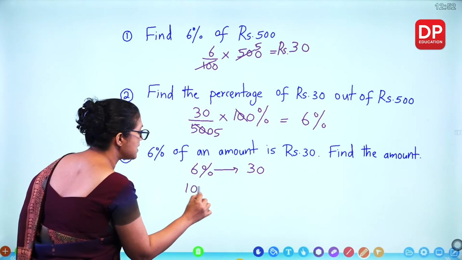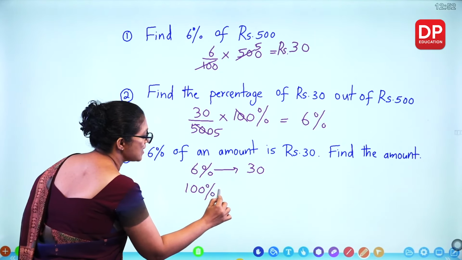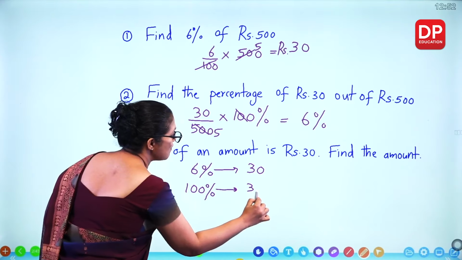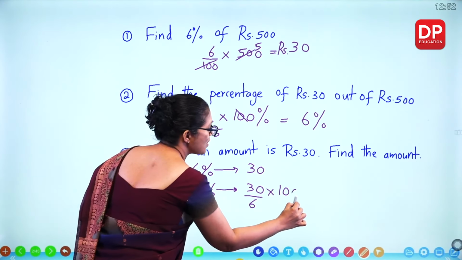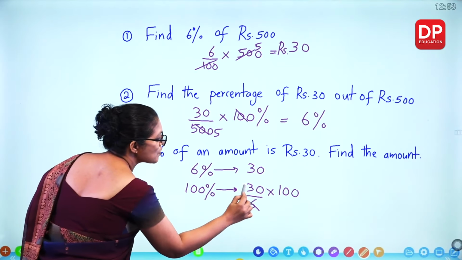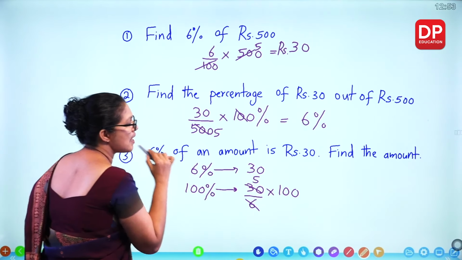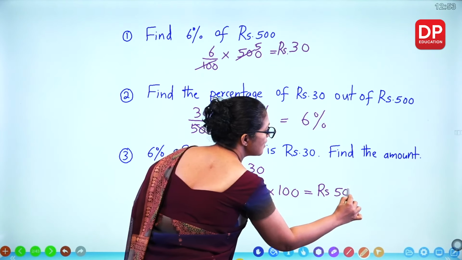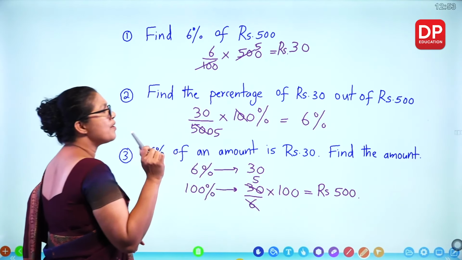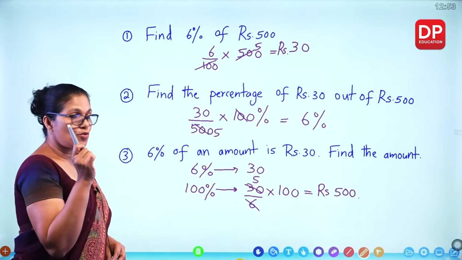Total amount is 100%. So 30 divided by 6 into 100. So 6 times 5, 5 times 100, you get 500. So those are the only types of questions you can get.